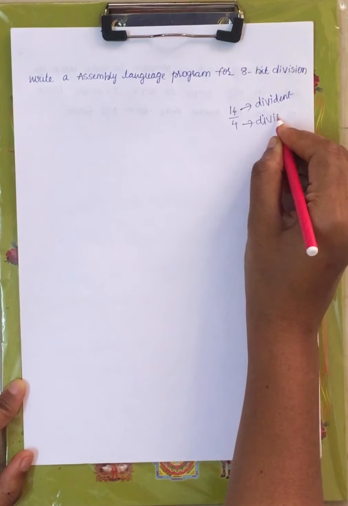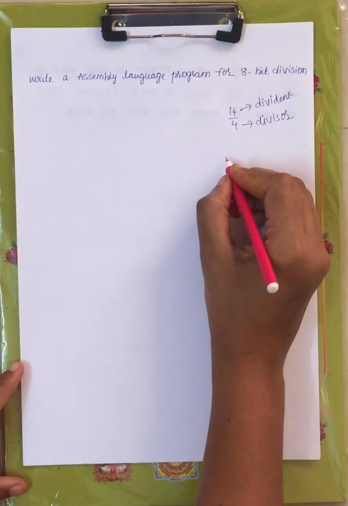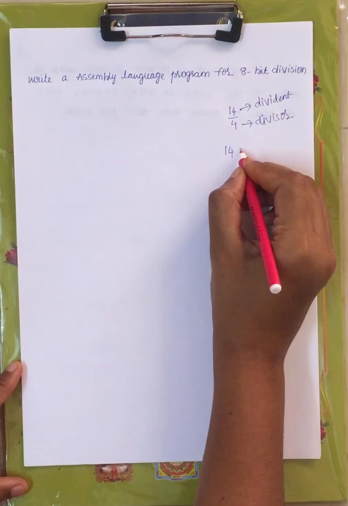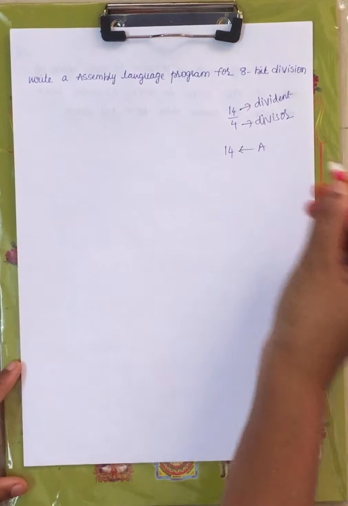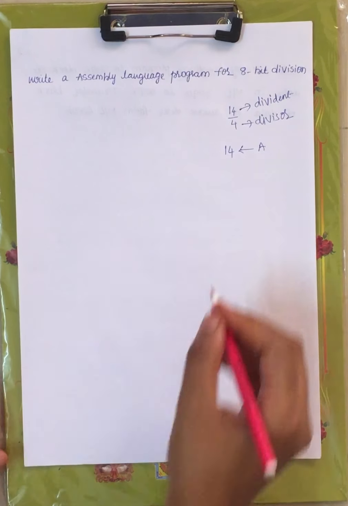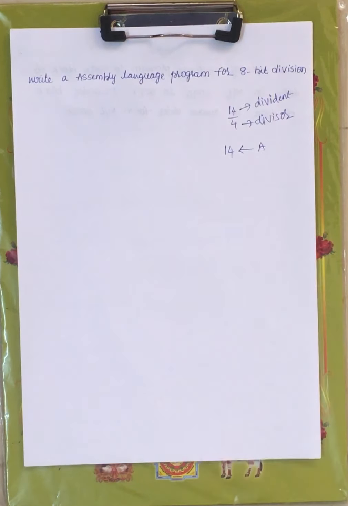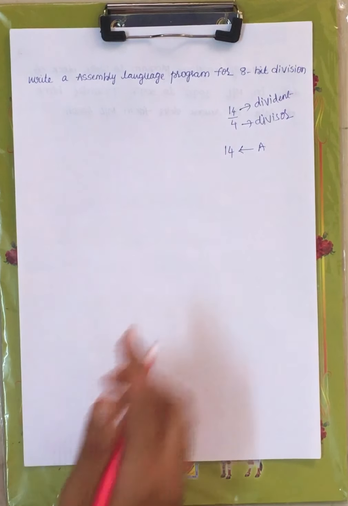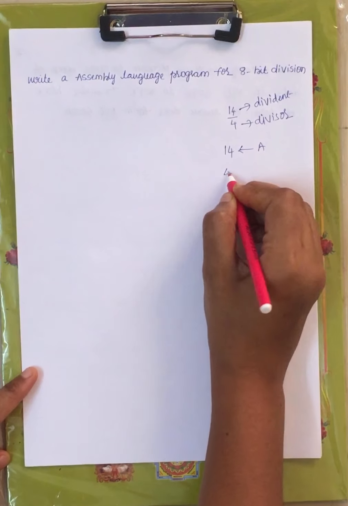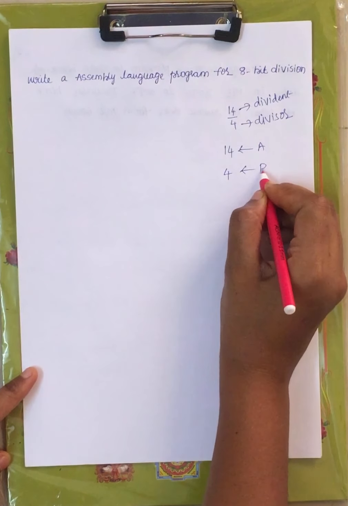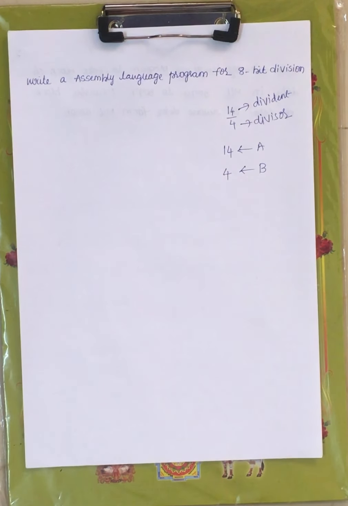This dividend 14 is to be stored under register A, since we have to write the program based on this procedure. Dividend has to be stored under register A. Now the divisor, 4, has to be stored under B.